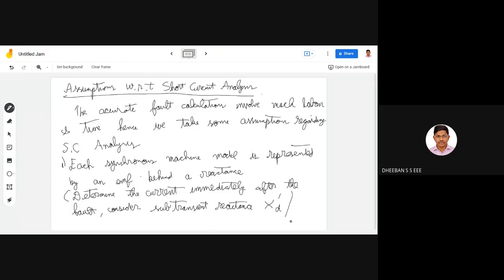What they are saying is that before performing the short circuit analysis, they had to consider an assumption, so as not to have an approximate analysis. You have to consider a reactance value after the generator or your synchronous machine, mainly after your generator.